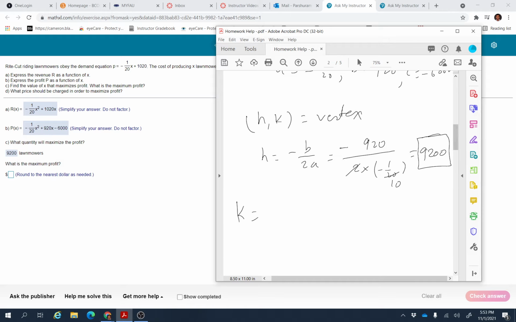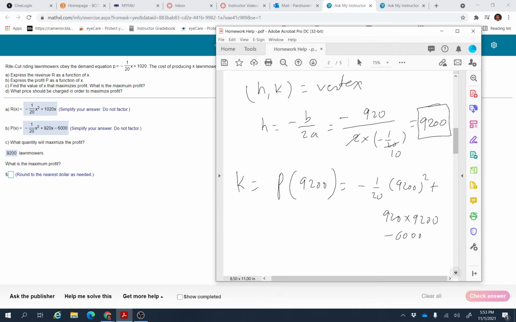This is k, which is the profit when x is 9200. So you use this profit function and just replace x by 9200, plus 920 times 9200, minus 6000.